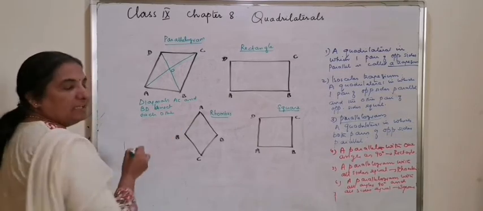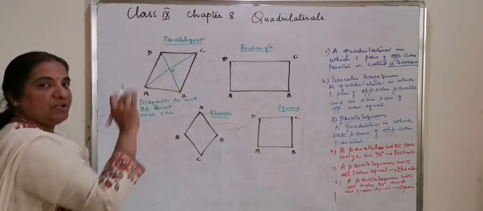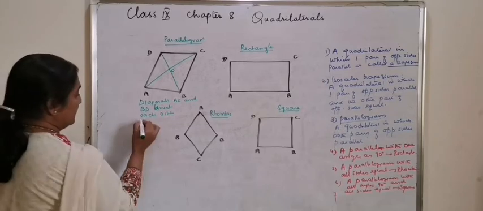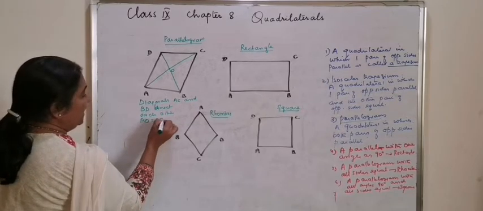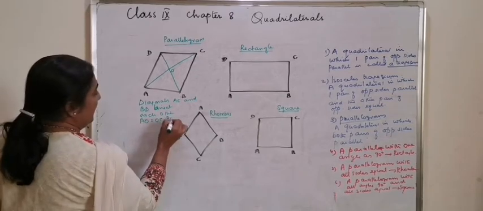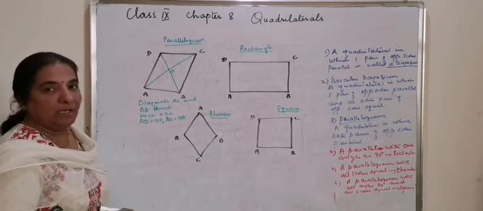That means O will be the midpoint of AC and also the midpoint of BD, that is, the lengths of AO and OC will be equal. At the same time, the lengths of BO and OD also will be equal.